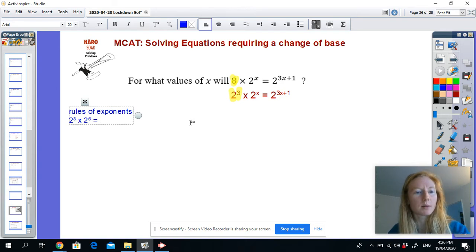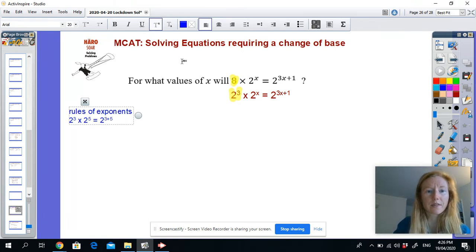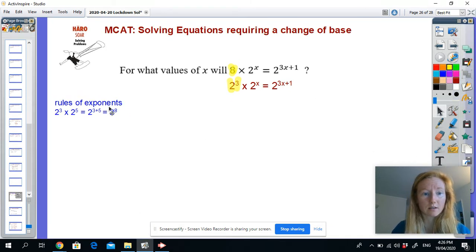So if we think, right, on my left-hand side I have 2 cubed, which is 2 times itself 3 times. And on the other side, I have 2 to the power of 5, 2 times itself 5 times. So altogether, I'd have 2 to the power of 3 plus 5. And that's that rule of exponents where we add those exponents. So you would end up with 2 to the power of 8.